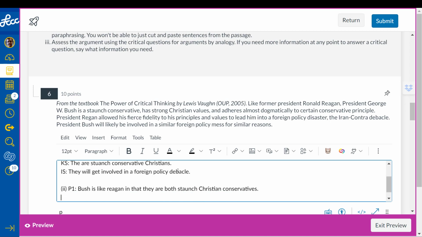That's the known similarity between the two analogs. Oh, and we want to capitalize Reagan. P2: Reagan got involved in a foreign policy debacle.